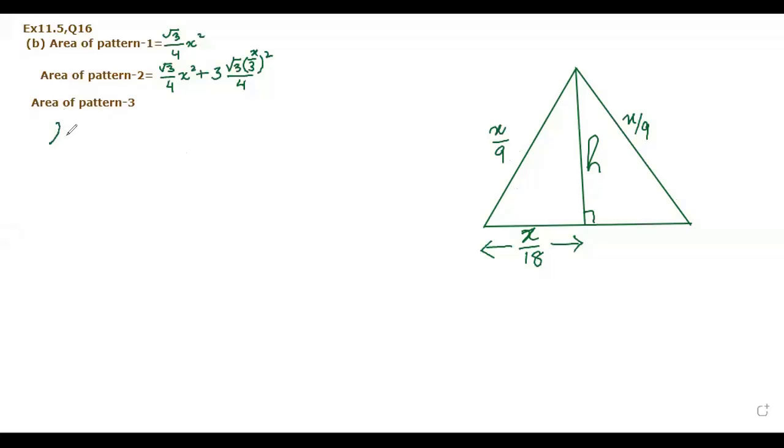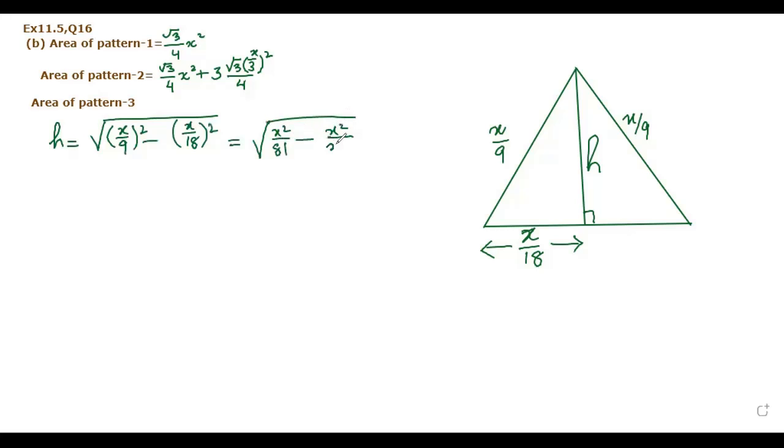Using the Pythagoras theorem, h square will be equal to x upon 9 whole square minus x upon 18 whole square, which is x square upon 81 minus x square upon 324.